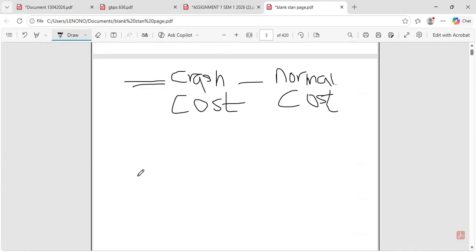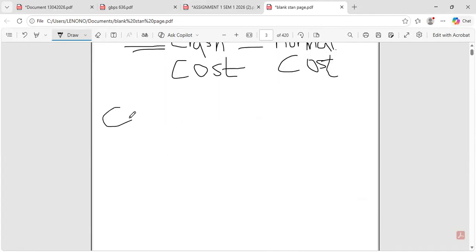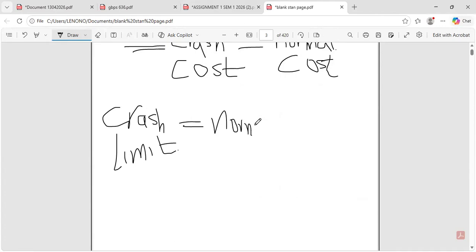And then, of course, the crash limit is equal to normal time minus the crash time.